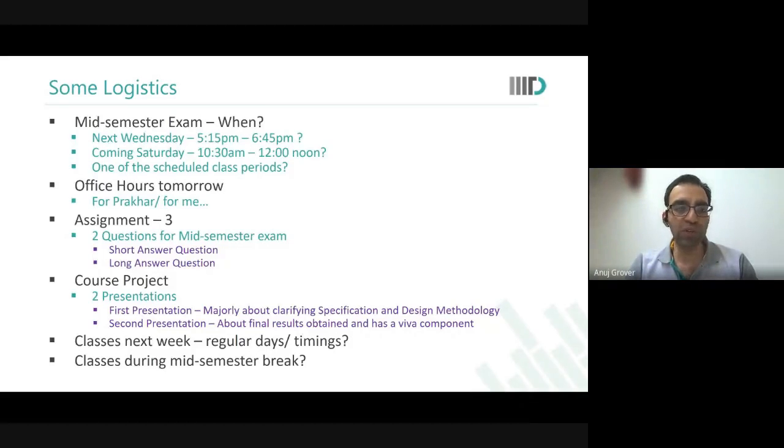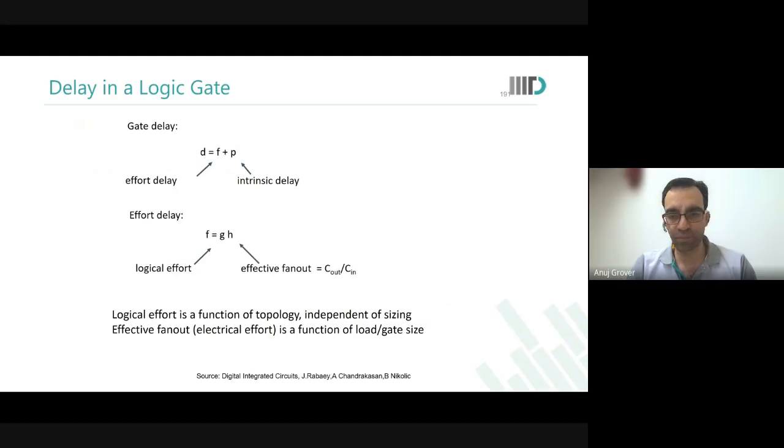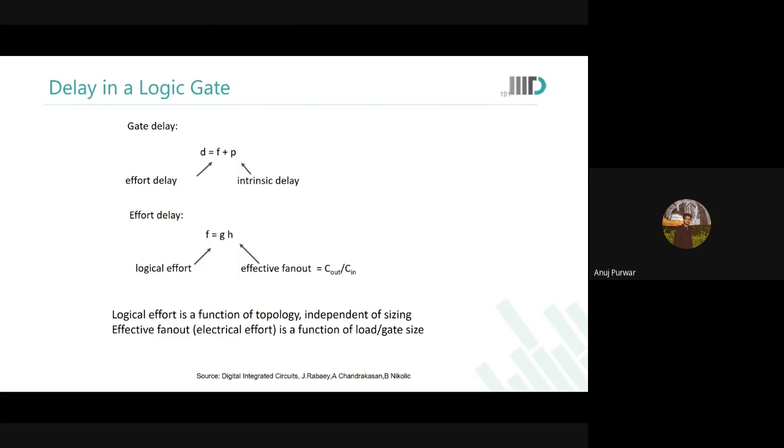Now let's come to what we were doing in the last class. So what were we doing in the last class? Logical effort in multi-stage logic networks, branch effort, path effort.